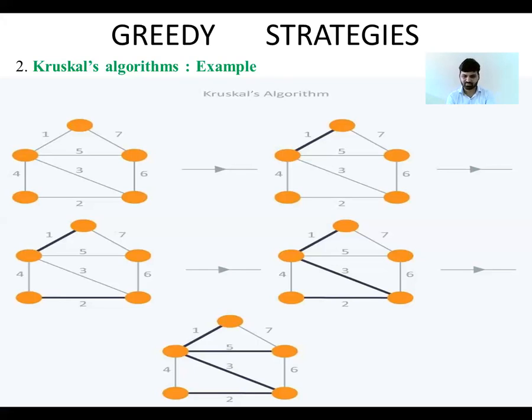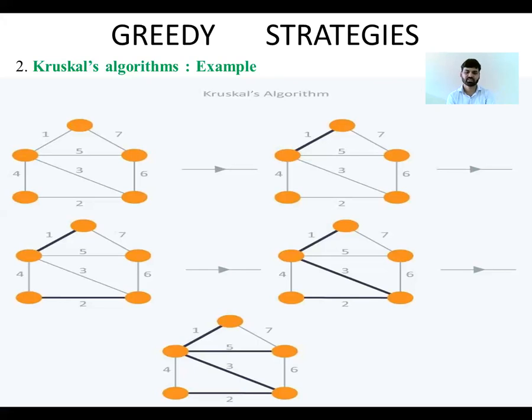But we have not covered all the vertices. Next we have selected 1, 3 and 2. Then one vertex is remaining. Then we have to select the edge having minimum weight, that is 5. Edge having 5 weight.